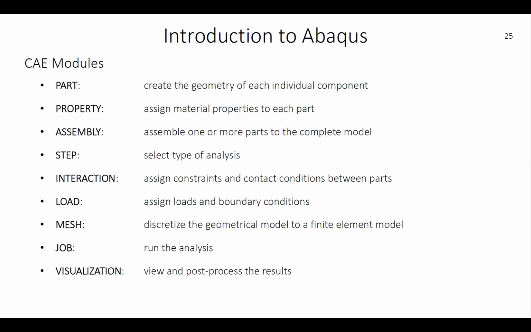So you assign constraints and contact conditions in between the different parts. And then you have a separate module for applying loads and boundary conditions. So you can have loads or prescribed displacements, prescribed dynamic conditions, different kinds of boundary conditions, and so on.